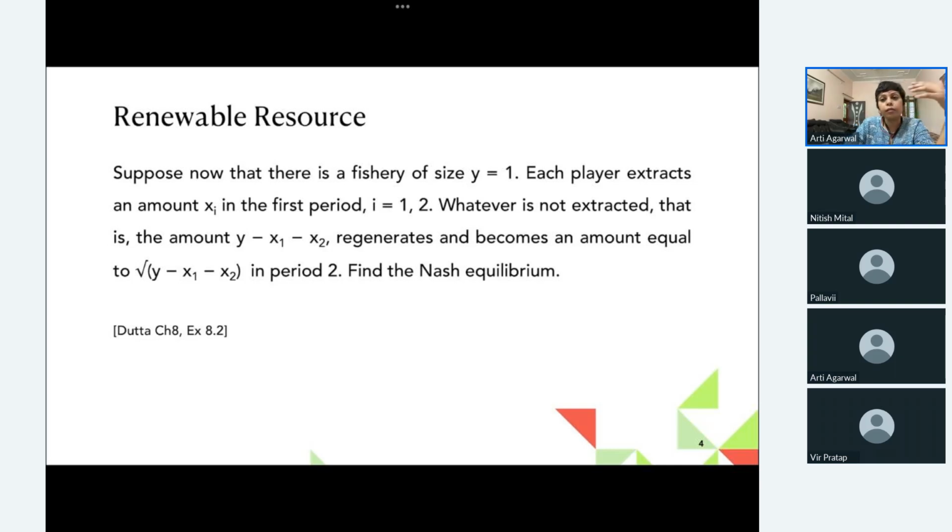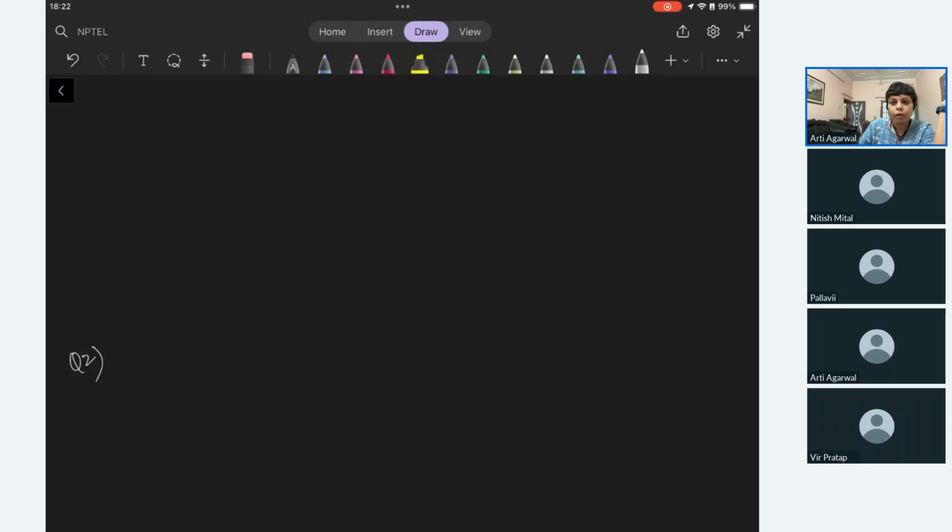So what happens in this period? I want you to take this example to show how the case of a renewable resource is slightly different from the case of an exhaustible resource. What we discussed earlier in the tragedy of commons is the case of an exhaustible resource. This is a renewable resource.